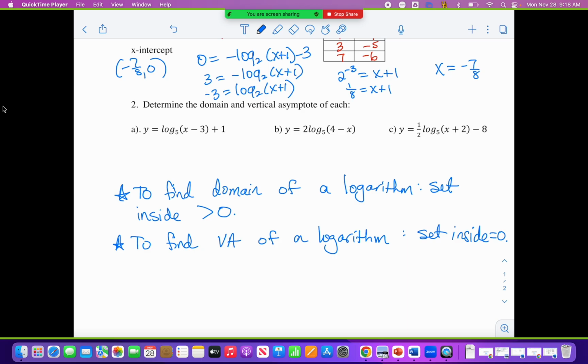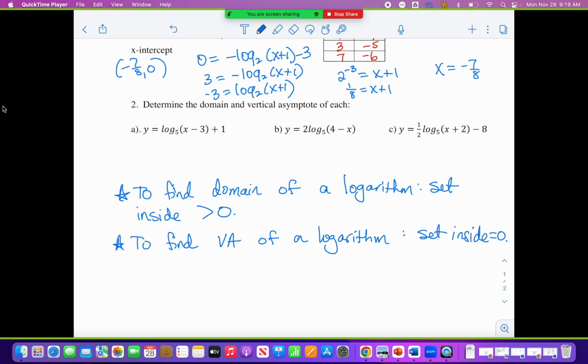This is kind of the fastest way to do it. Again, to find the domain of a logarithm, set the inside of the logarithm greater than 0. To find the vertical asymptote of a logarithm, set the inside equal to 0.